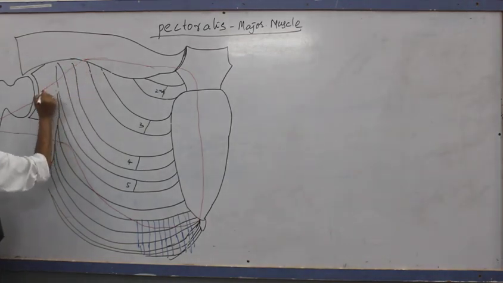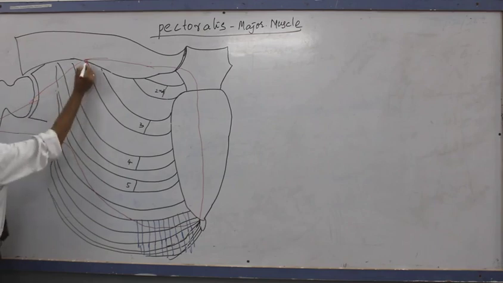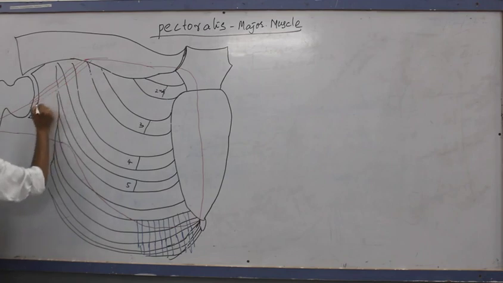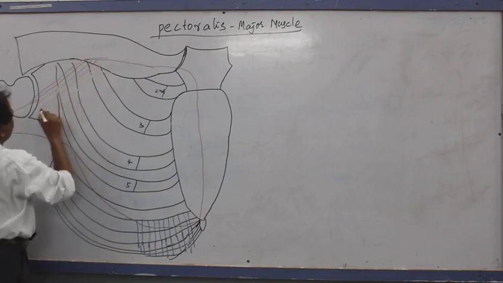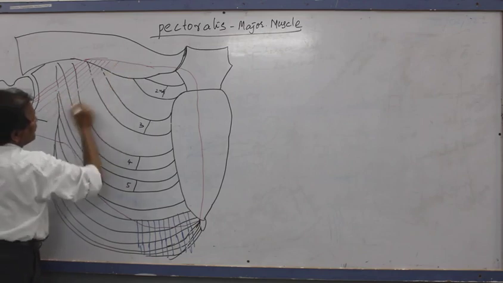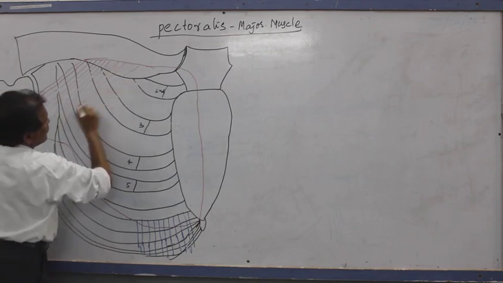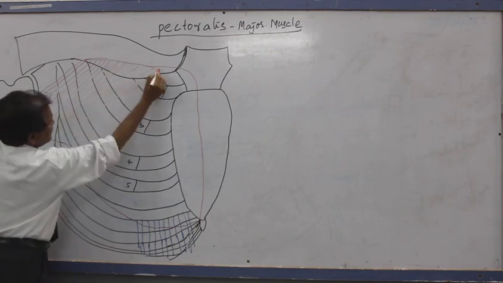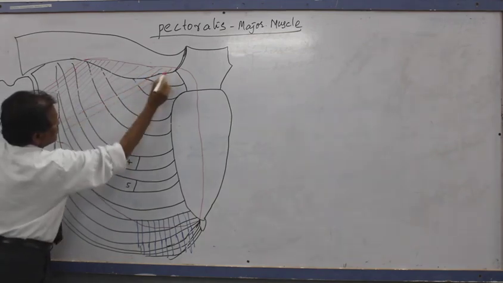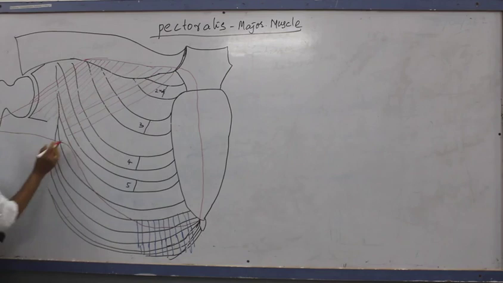They arise from here, and they descend downwards, forwards, and laterally. These fibers of the pectoralis major, the clavicular fibers, descend downwards, forwards, and laterally.